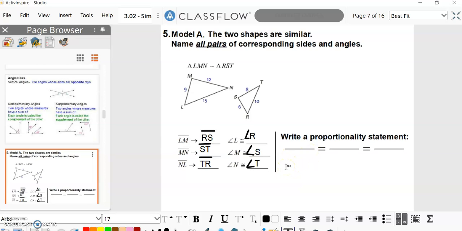This is where you want to actually compare each side over the other one. So we know LM and RS go together.